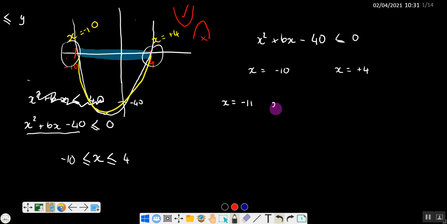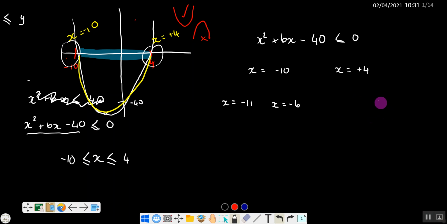Owen, pick a number that is more than negative 10, but less than 4. Positive 1 could do. I'm not going to go that far. I'm going to stick closer to negative 10, but positive 1 would have worked. A bit closer, let's just do negative 6, okay? I'm just sticking like 1 either side.